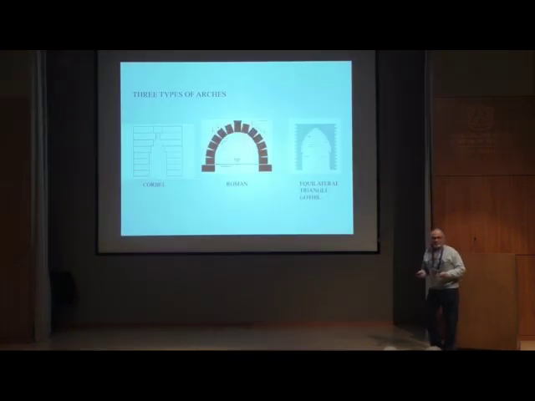Then there was the issue of arches. This is just 3 basic arches. There are many more types, you know, catenary and parabolic and so forth. But these are the basic ones that concern us. We have the corbel, the Roman, and then the equilateral triangle, the Gothic arch. Why am I showing you this?